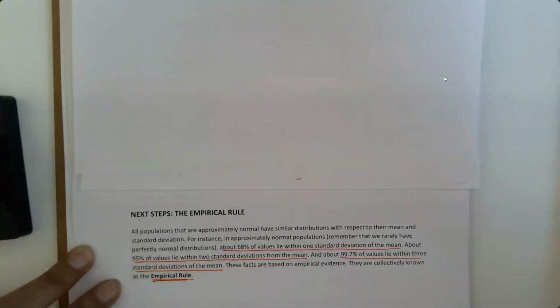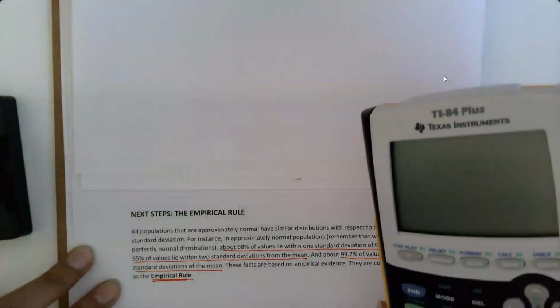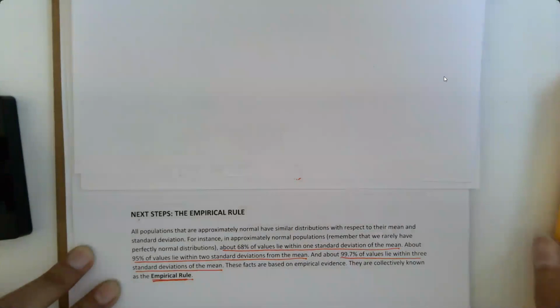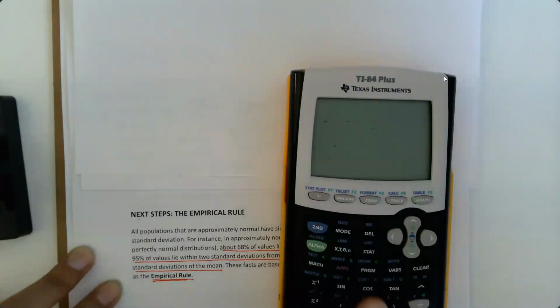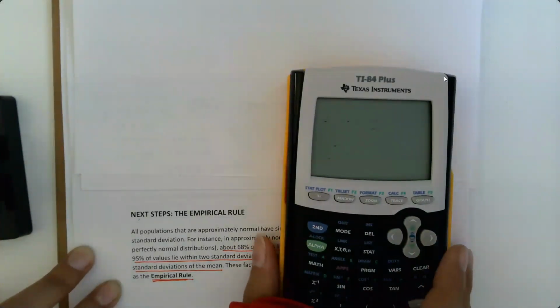So before doing any calculation using a calculator, we're going to just talk about the empirical rule a little bit. How do we use the empirical rule to do the calculations without a calculator? But eventually, to get the precise answer, we're going to use technology.